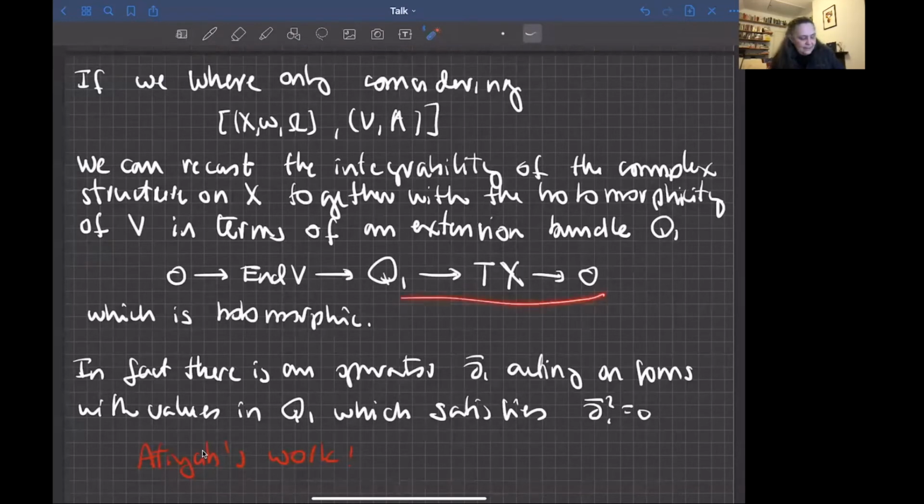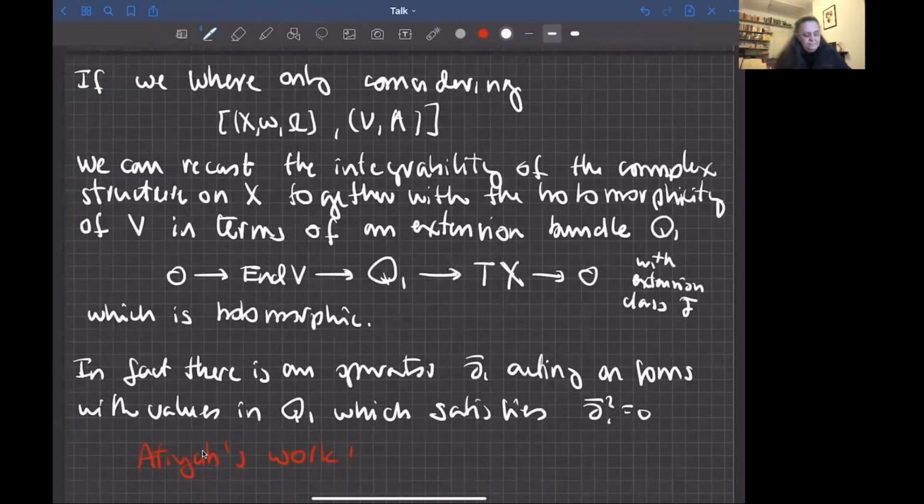Given by this exact sequence, the short exact sequence, which is holomorphic, and with extension, something I didn't put in the slides, is that with an extension class that I'm going to call curly F, which is the Atiyah class. So this is with extension class called curly F.